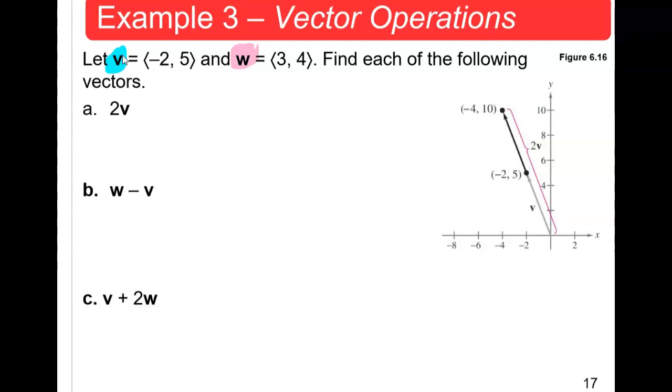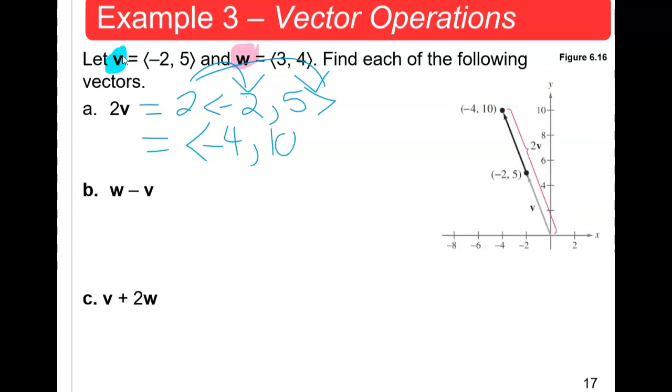So for our first problem, we're going to be distributing the scalar times the vector. So it's going to be -2 times, well, let's write it down first. And so remember, we must distribute to the horizontal and vertical components. So the resultant vector will be -4, 10.